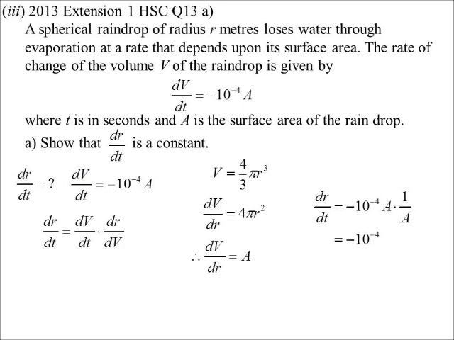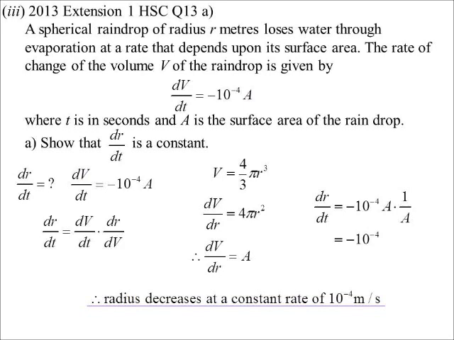So I guess the trick to that question was realising that 4 pi r squared was in fact the surface area. Either that, or if you didn't notice that, then you'd have dr dt, 1 over 4 pi r squared, but you could substitute in for the surface area 4 pi r squared, and again it would just drop out then.